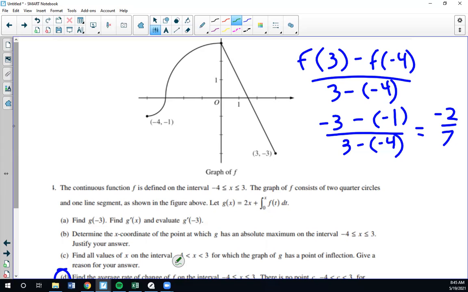How do I know it's not differentiable? Where is it not differentiable? At 0. So since f is not differentiable there, that's why you need to check whether it's continuous and differentiable before you do the mean value theorem.